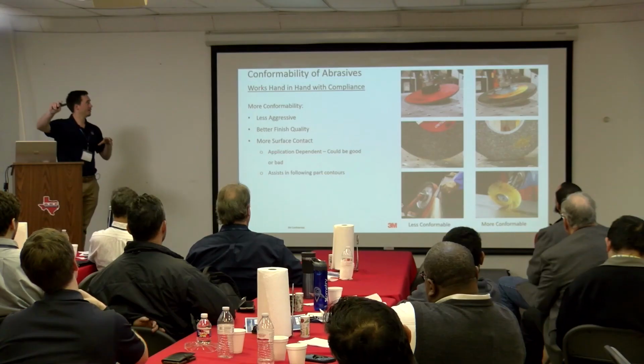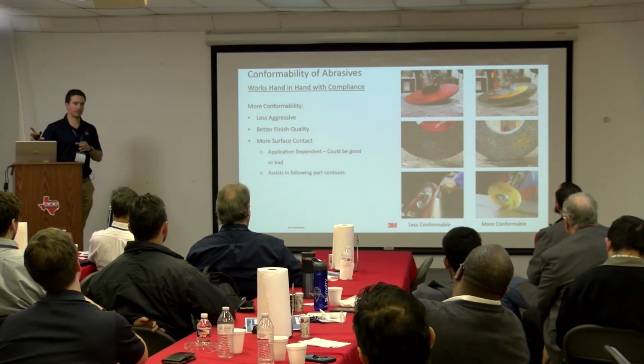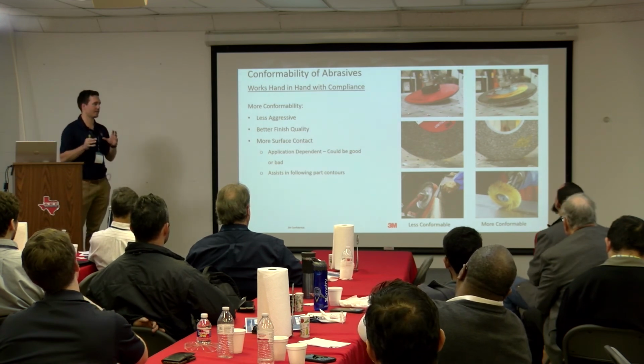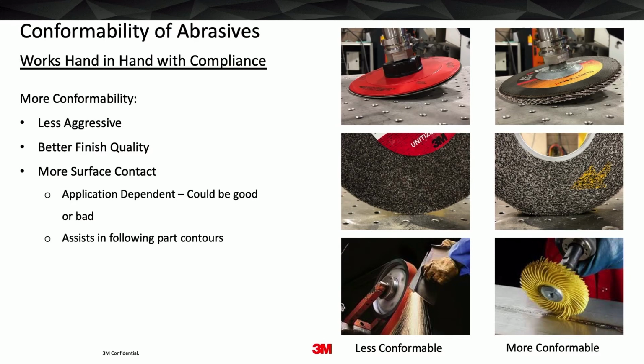With the abrasives, that ties into compliance, or conformability. They go hand in hand, but basically it's how squishy, I guess you could say, your abrasives are. If you look on the left side, they're very non-conformable parts. They're very hard, and they often create a more aggressive finish.